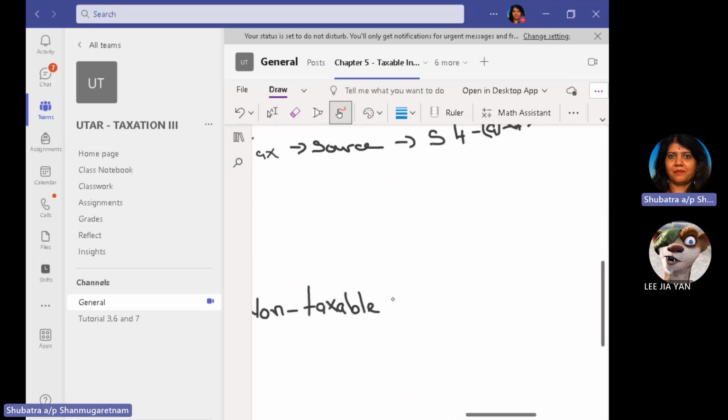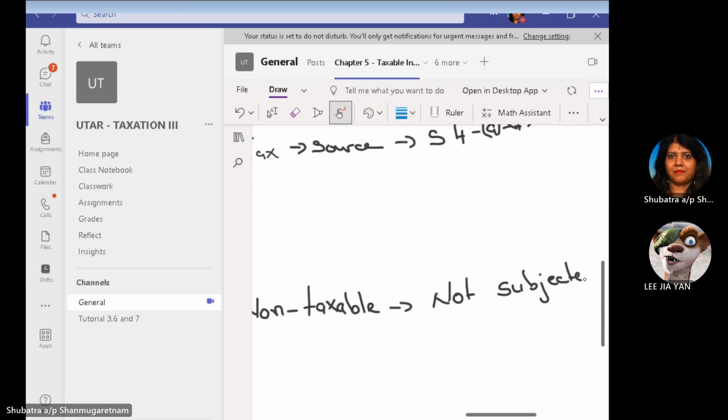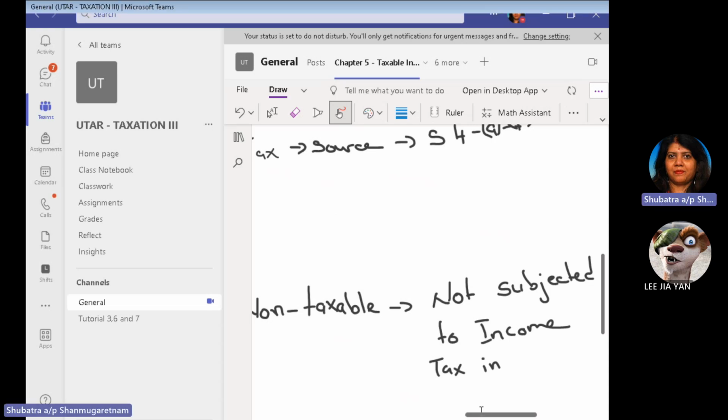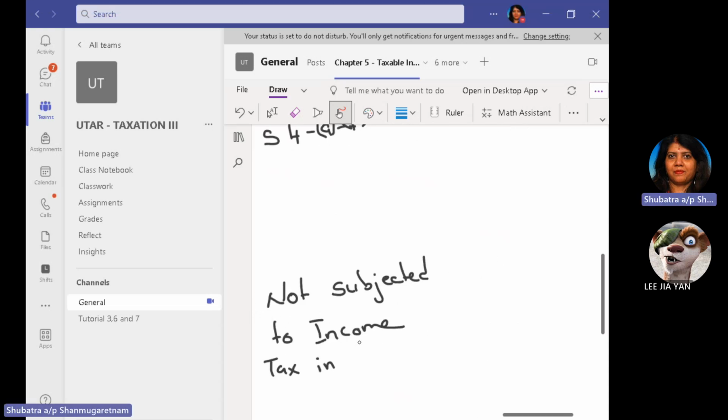So these are income not subjected to income tax in Malaysia.